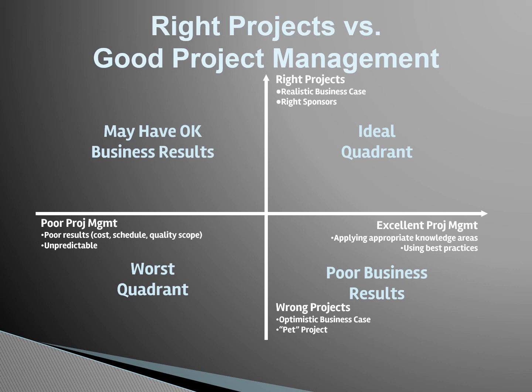So my point in this chart is that it is very critical that you stay above the horizontal line, meaning that selecting the right project is the most important first step in initiating IT projects. And of course, after you have done that, excellent project management will augment the performance of the project and deliver even better results than it would otherwise.